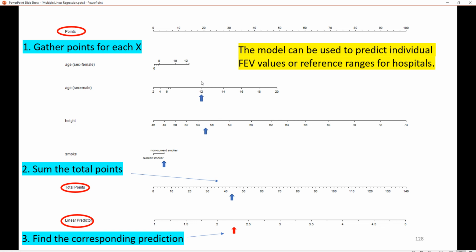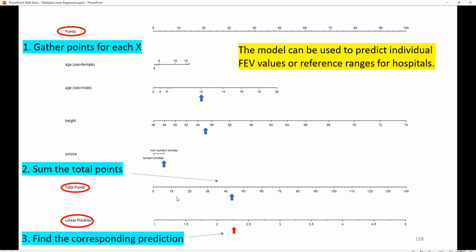And if we go up to the very top row, which indicates the points for each predictor, that's about 19. For height, this boy is 55 inches, so that would go up to about 20 or 21 points. And this child is a non-smoker, so that would go up to about 4.5 points.